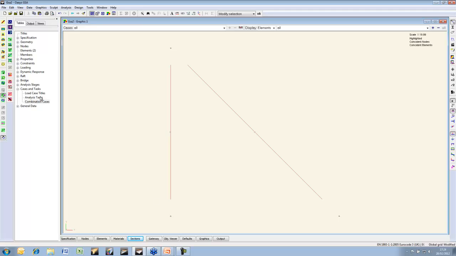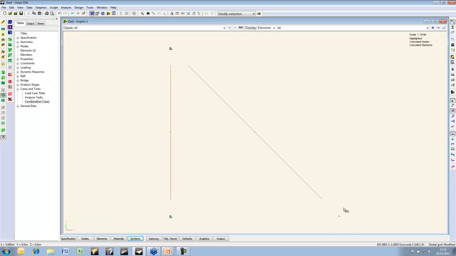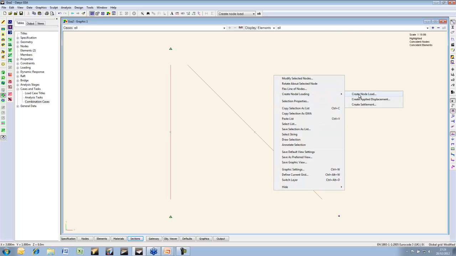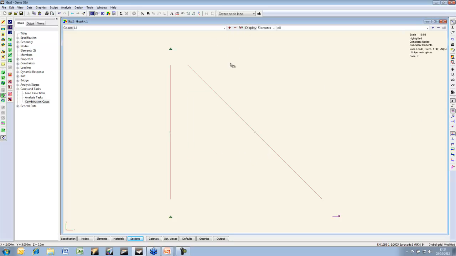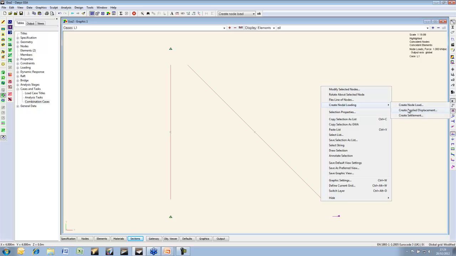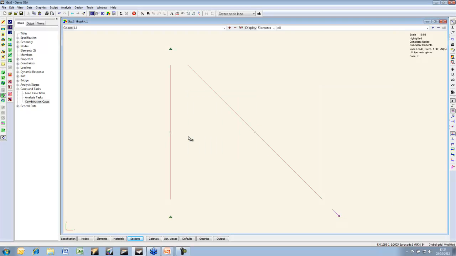Those two nodes there, I'll pin them, and create a load down there. Node loads X direction 1 and Y direction -1. So we've now got a load in line with that tie.